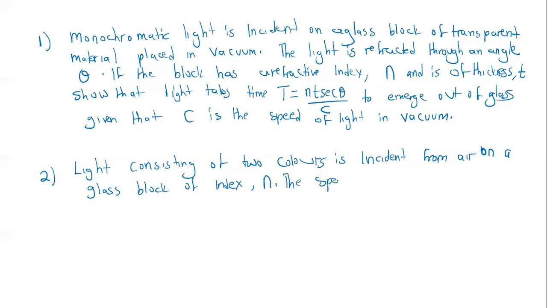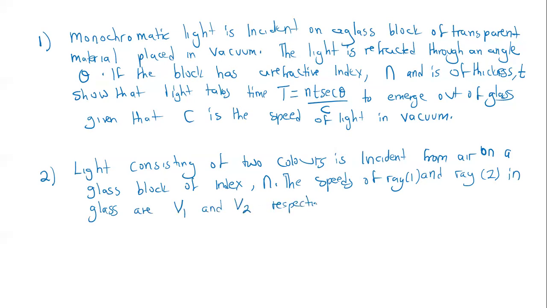The speeds of ray 1 and ray 2 in glass are V1 and V2 respectively.